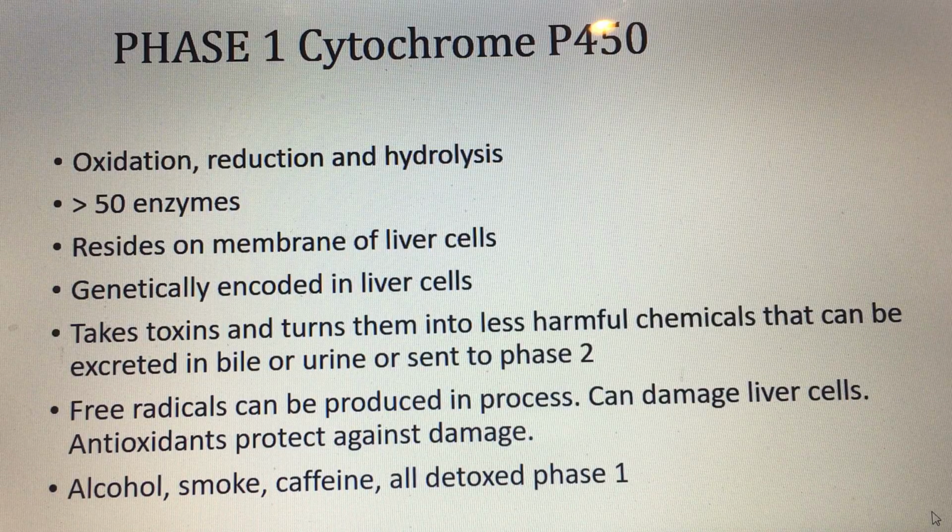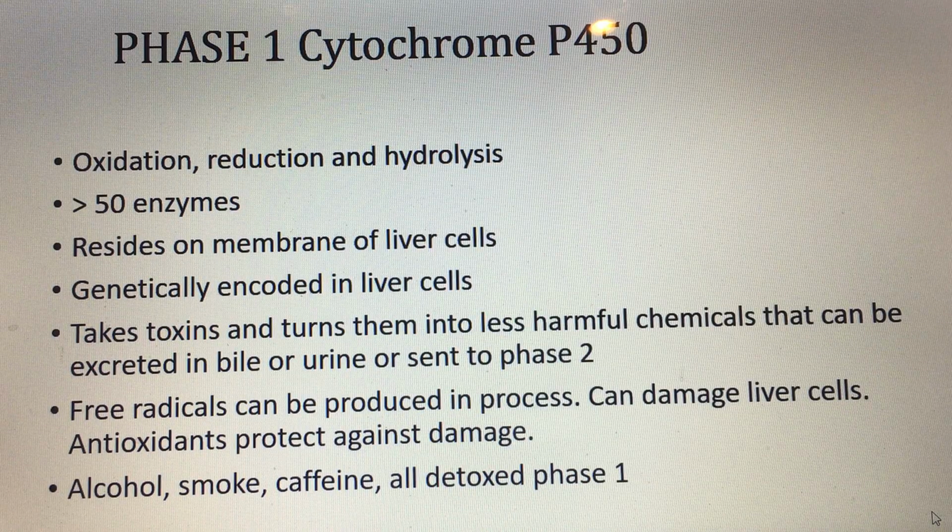So it's pretty amazing that on the membrane of your liver cells are encoded the instructions for making enzymes that will reduce levels of toxins in your food. It takes those toxins and turns them into less harmful chemicals that can be excreted in the bile or the urine, or sometimes it's sent to phase 2 because it's not complete yet on the detox.